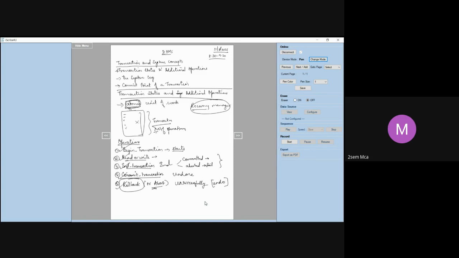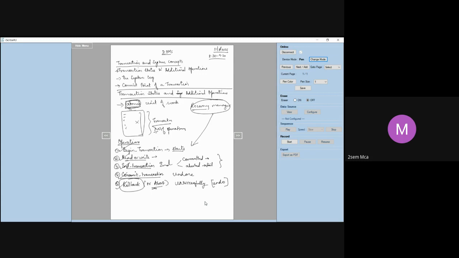And then we have rollback or abort. This indicates that the transaction has ended unsuccessfully, so any changes that you have made will not be applied at all, and you have to undo all the operations that you have done so far. These are the additional operations that the recovery manager has to keep track of so that the system is able to recover from failures whenever there is some kind of failure.